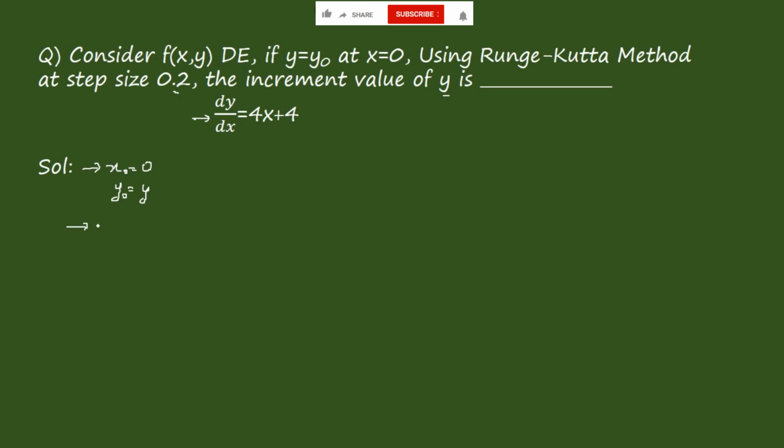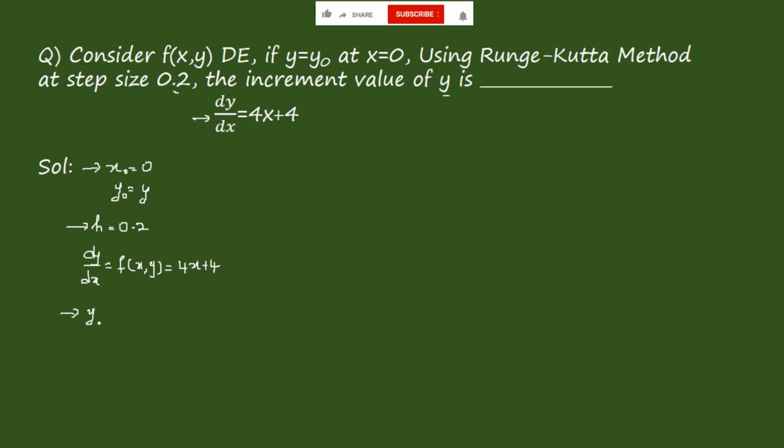And they are given the step size h, which is equal to 0.2. And dy by dx, which is f of x comma y, is given as 4x plus 4. And they are asking for the incremented value of y.